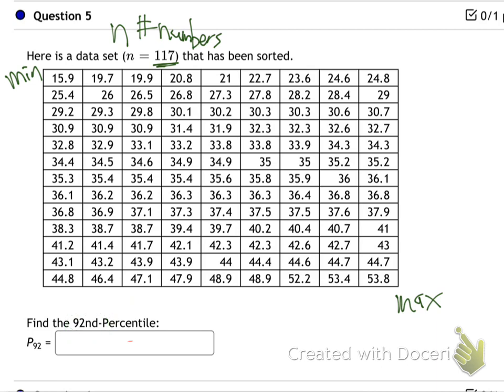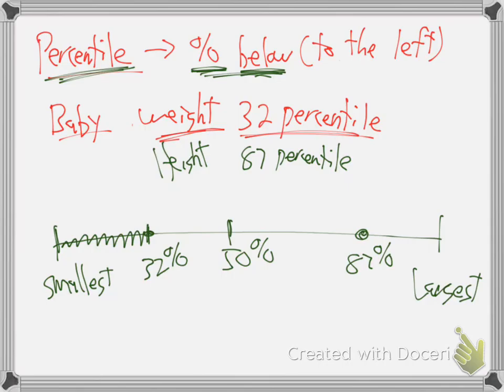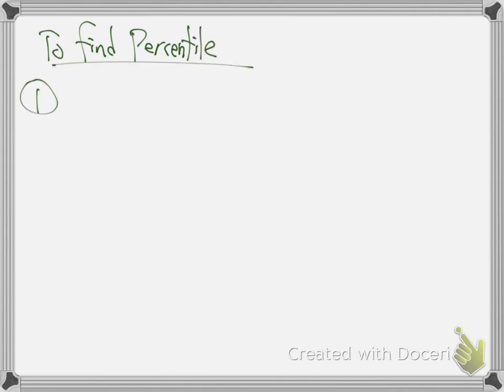All right, so now let me give you the formal method. To find a percentile, it's P over 100 times N. Percentile is P. The N is always the total number of data values.